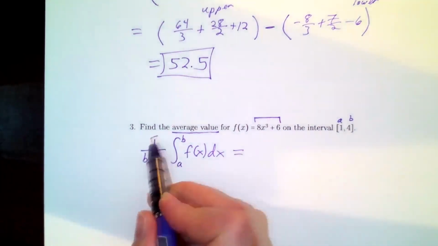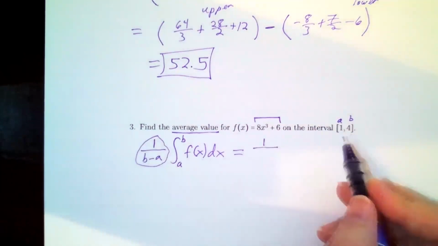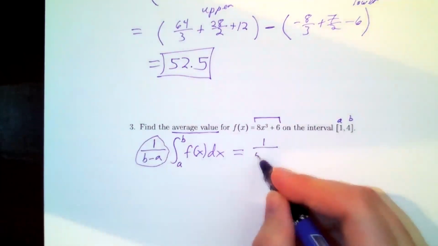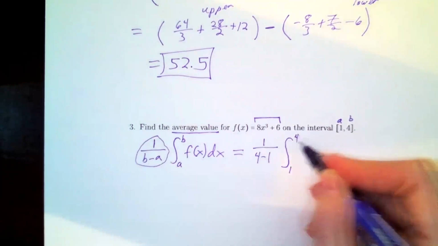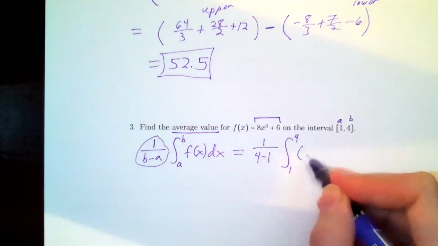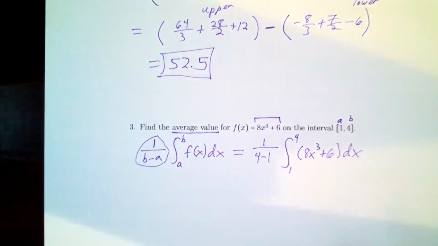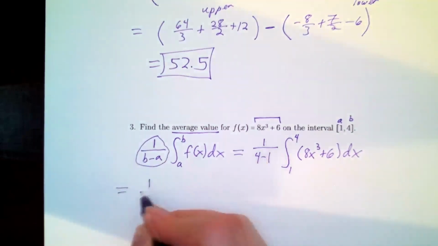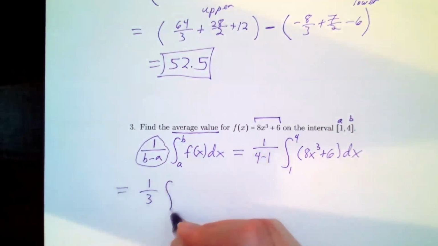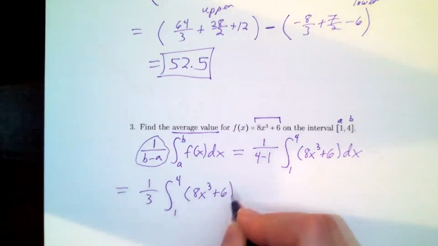So now I have this little fraction out here, 1 over b minus a, times the integral a to b of f of x dx. So this becomes 1 over 3 integral from 1 to 4 of 8x cubed plus 6 dx.